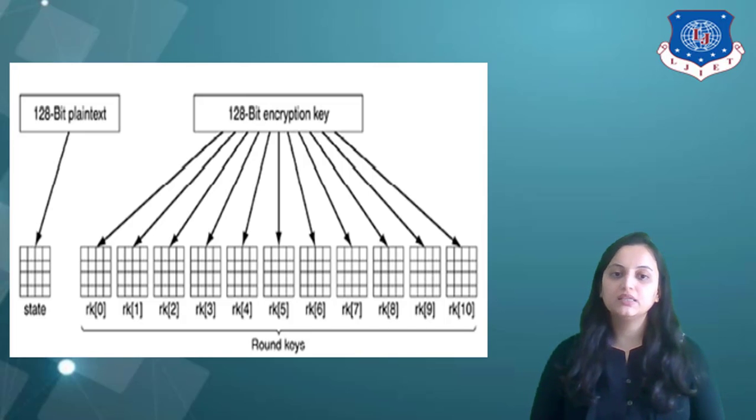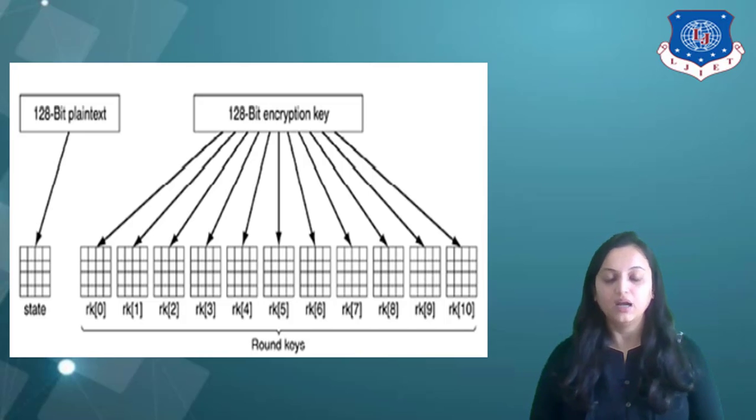Since every step is reversible, decryption can be done just by running the algorithm backward. However, there is also a trick in which decryption can be done by running the encryption algorithm using different tables. This is how Advanced Encryption Standard works, and it can be said that it is far better than Data Encryption Standard. It is the more advanced version.